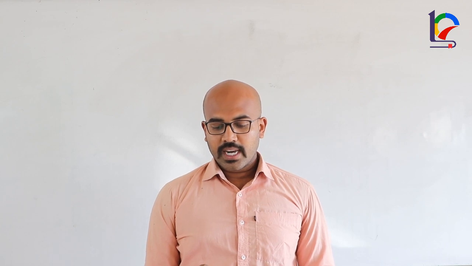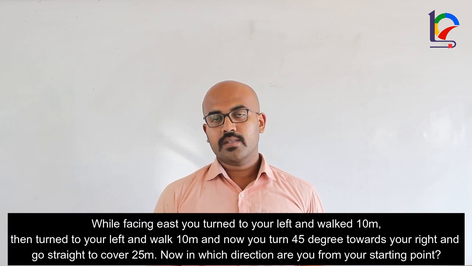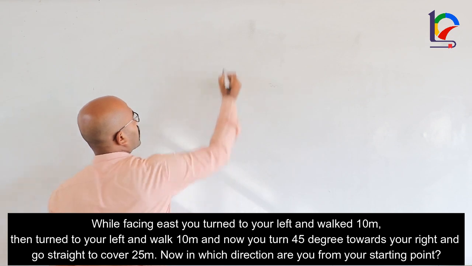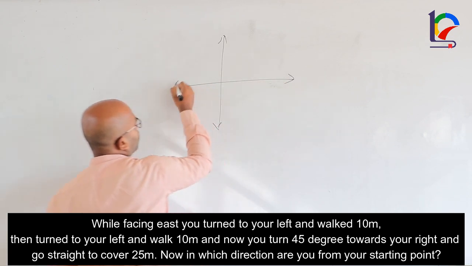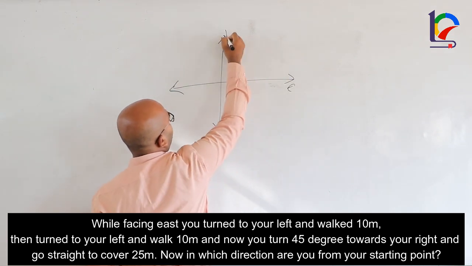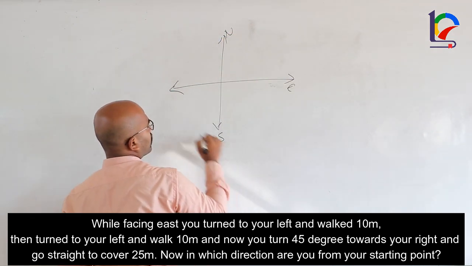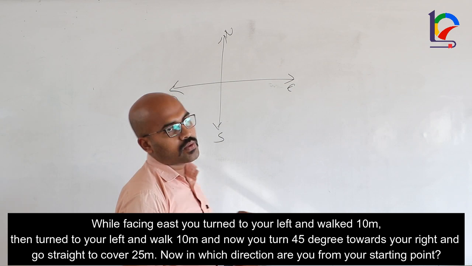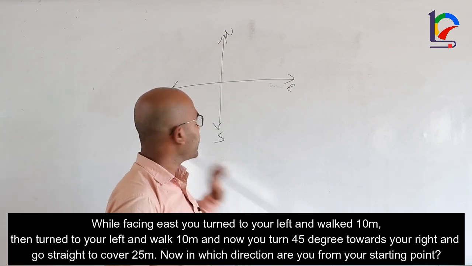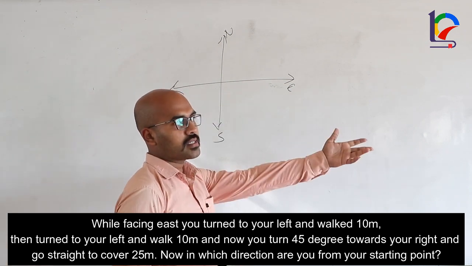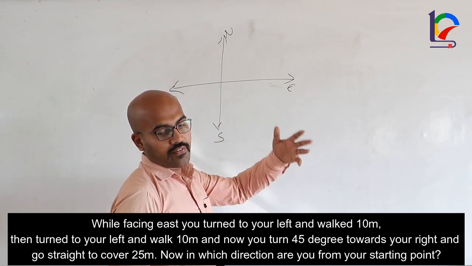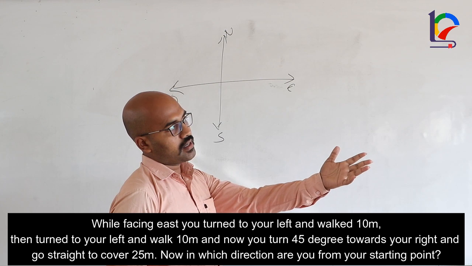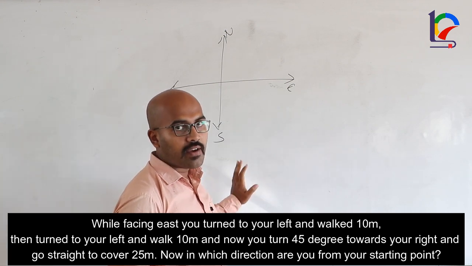While facing east, you turn to your left and walk 10 meters. What they have given is, while facing east, I am facing towards east. I turn to my left.